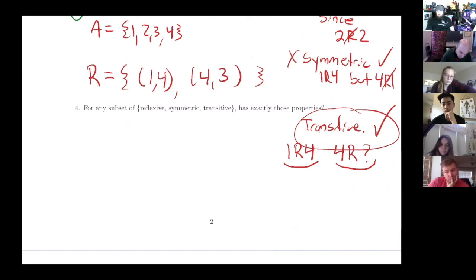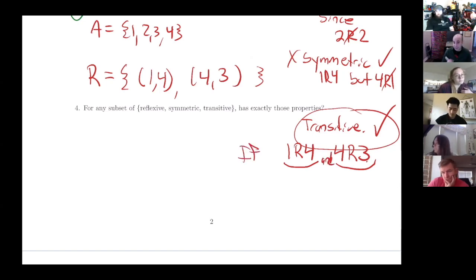So if I relate 4 to 3, then in order for this to be transitive, we would say, okay, that and that are satisfied by my relation R. But what we don't have, in order for the transitive property to hold, we would need to have 1 related to 3.